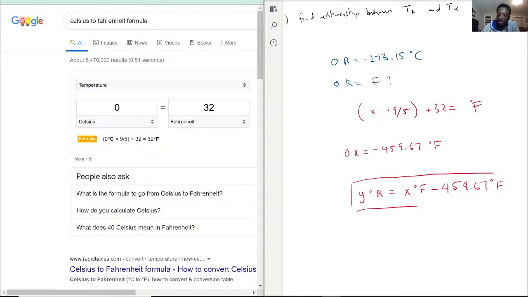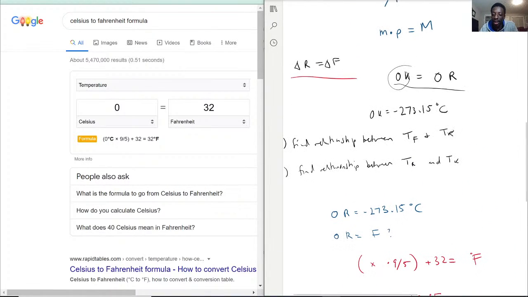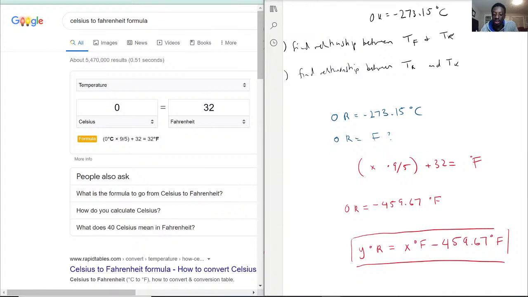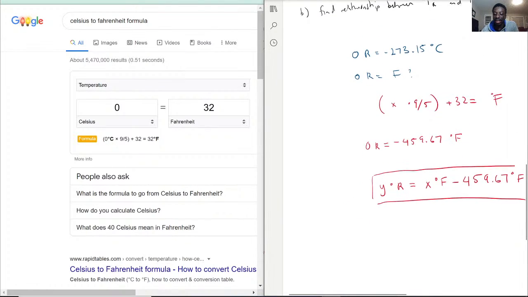This is going to be the conversion between Rankine and Fahrenheit, because we established that 0 Kelvin is the same as 0 degrees Rankine, but each change in Rankine is similar to the change in Fahrenheit, hence how we got this formula. And now for the second part, find the relationship between TR and TK.